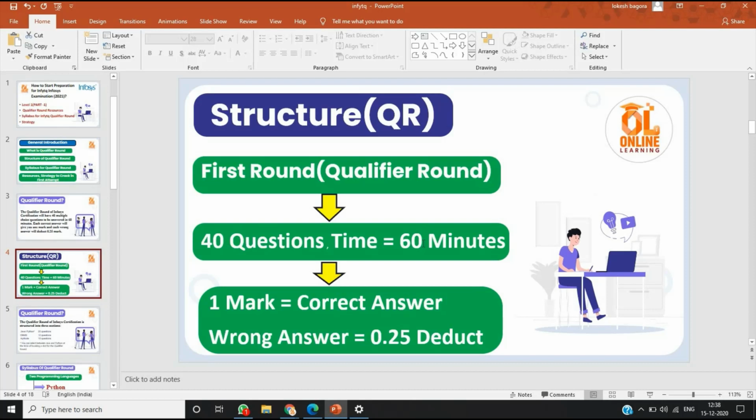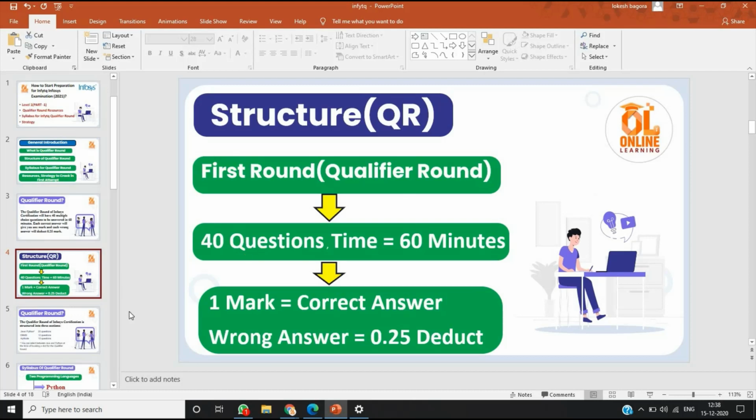Infosys introduced the qualifier round in the Infosys certification exam for the 2021 batches, but at the time of the 2020 batch, there was no qualifier round. So every year they implement the exam with new changes. So prepare for the exam.